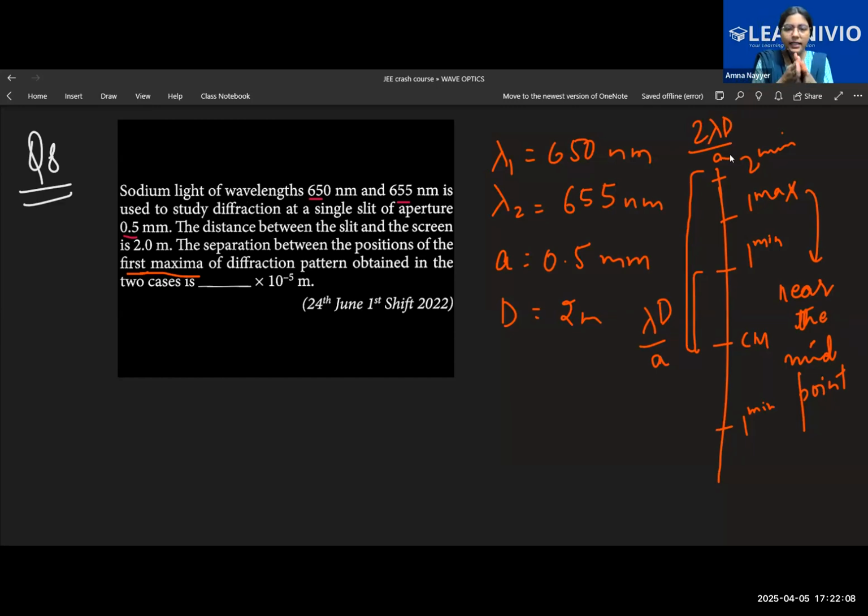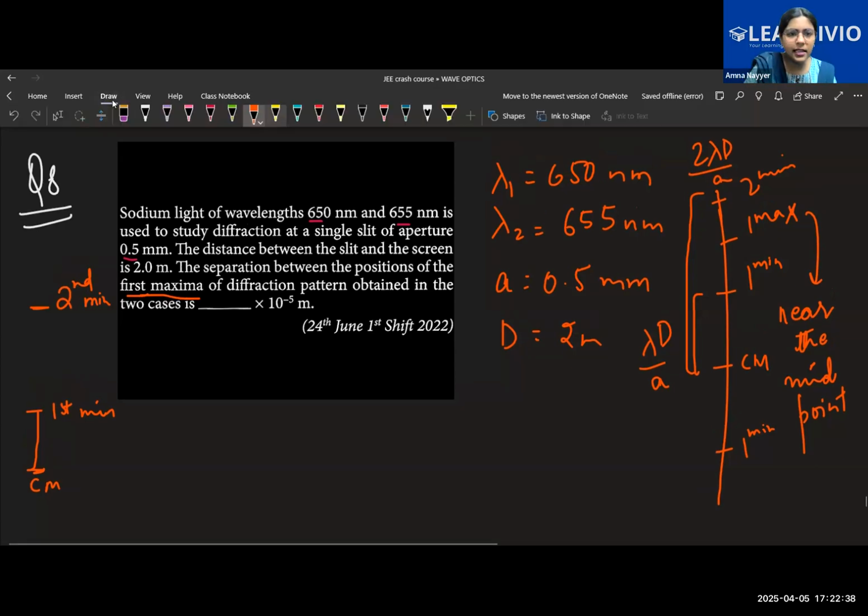So now how to calculate this first maxima? You know this is the central maxima, this is the first minima, and somewhere here is your second minima. Using the formula of minima only we'll get it. No need to remember the formula of maxima, though you can apply it. Your first maxima would be somewhere here in the midpoint. Have you understood? Yes, ma'am.